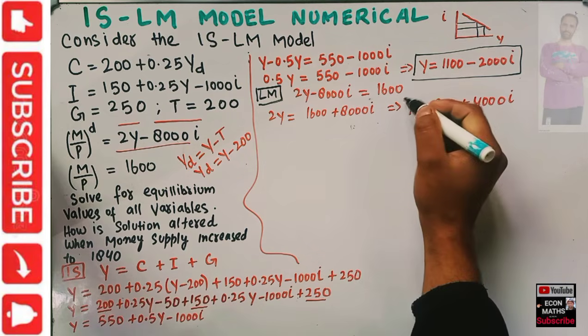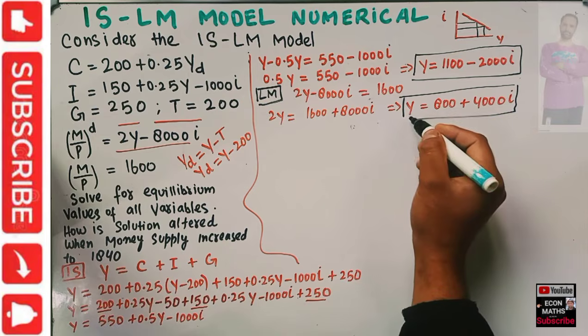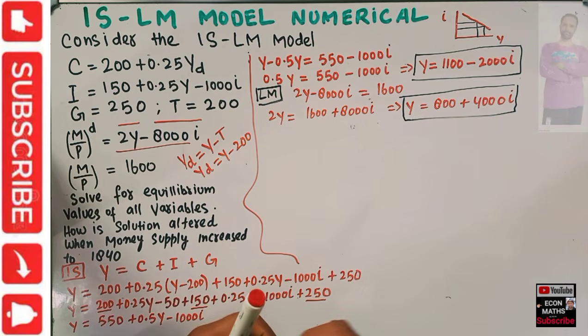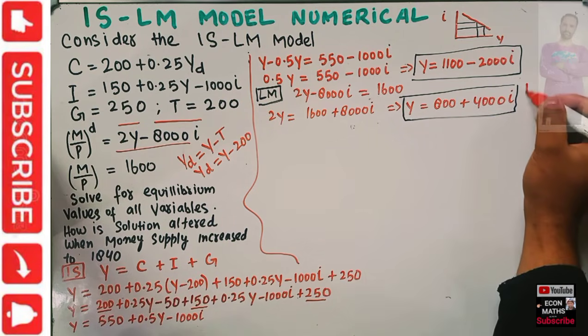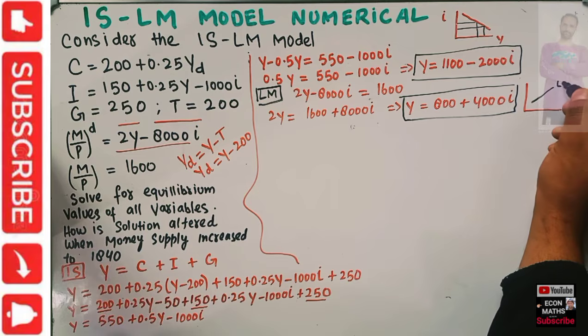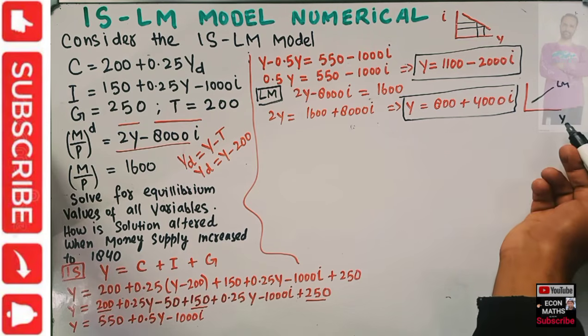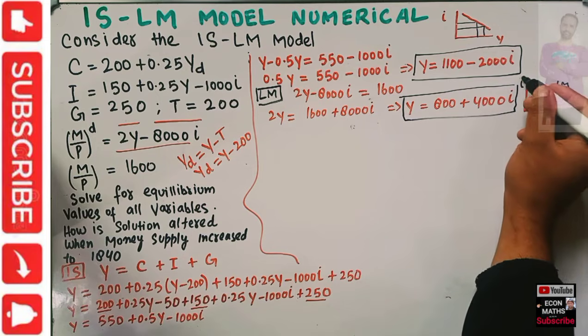And what does the LM equation tell us? It shows us different combinations of rate of interest and income where our money market is in equilibrium. That means our LM curve will look like this. This is our LM curve. We have income and rate of interest here.